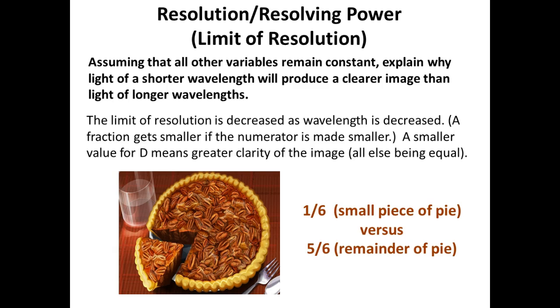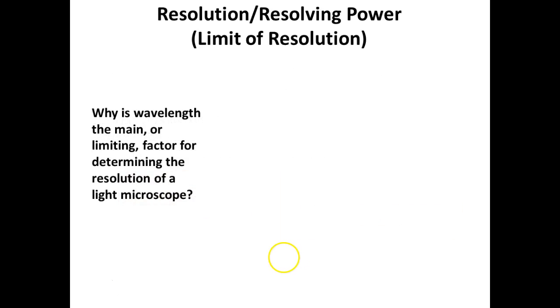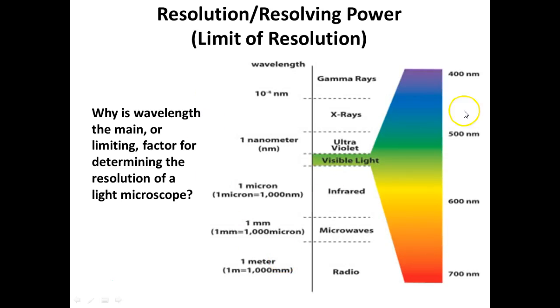We want to be able to put them right next to each other and we still see them as two separate things and they don't blur. So we want little. We want a little wavelength. We want big numerical apertures. Make sense? All right. So let's do, well, again, visible light. Blue is the best for us.